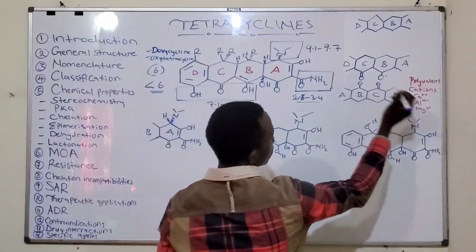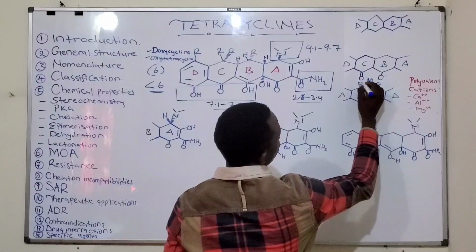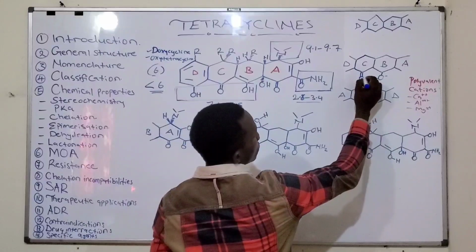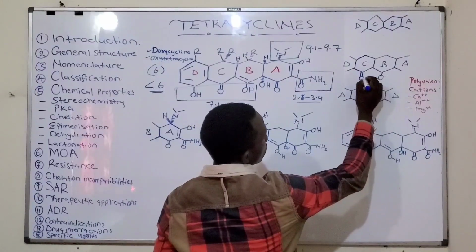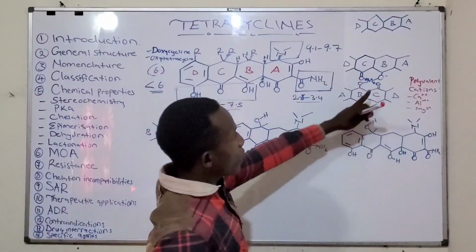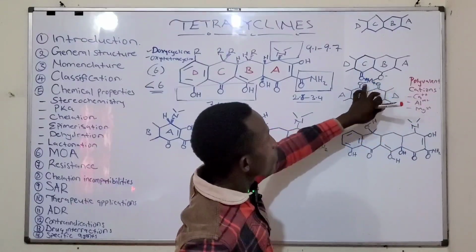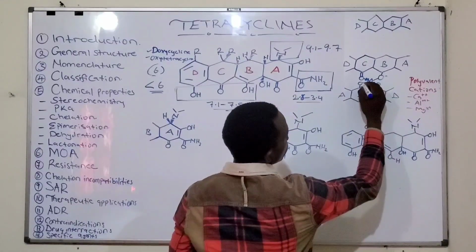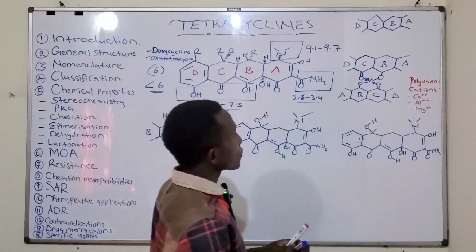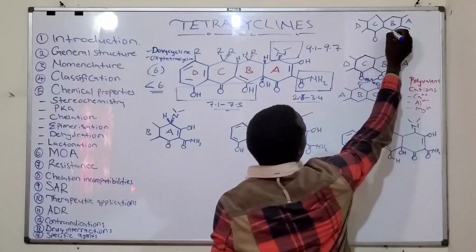Now the cation can be represented by M. So this one will form a bond with the cation, and this one will form a bond. This is represented as an arrow, a dative bond, because oxygen should have 2 bonds. These ones are represented as single bonds, and those 2 are represented as arrows. Or sometimes you can just draw the O, even this one.